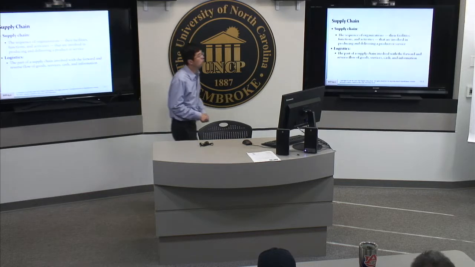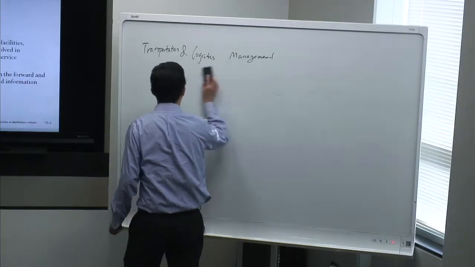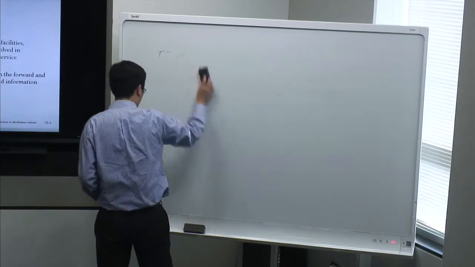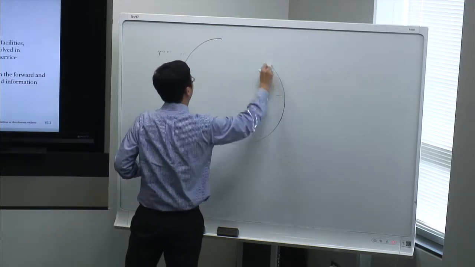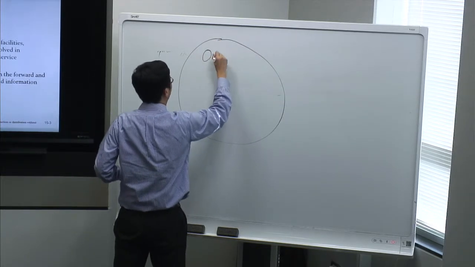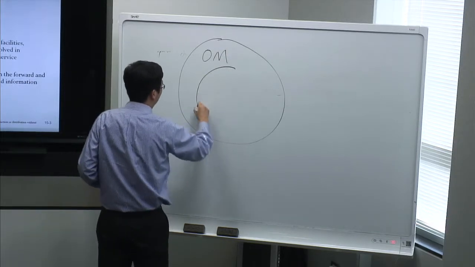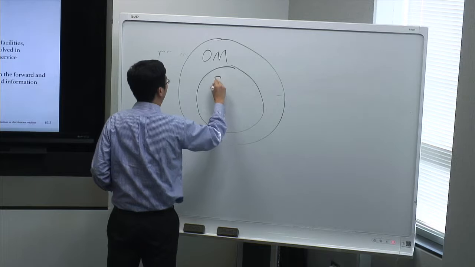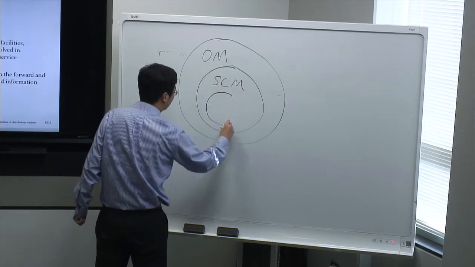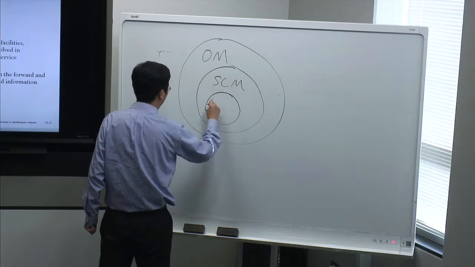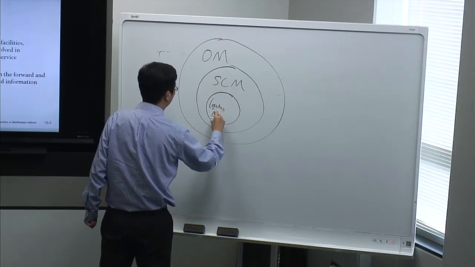If we use mathematical set theory for the concepts we have learned so far, the big circle is operations management. Inside of operations management is supply chain management. Inside of supply chain management, there's a small subset called logistics management.